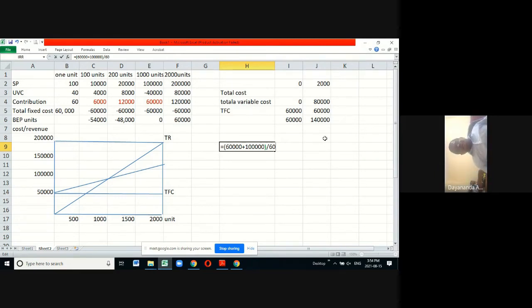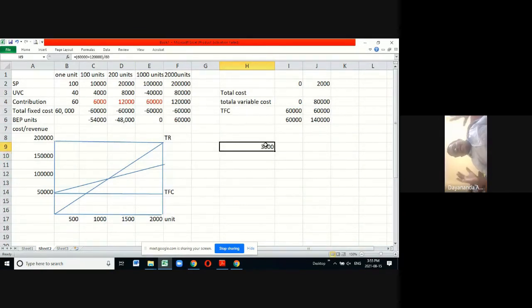With that, you see that to earn that much profit, your sales has to be this much. Suppose you want to make 120,000 profit, then this figure has to be 120,000, which gives 3,000.